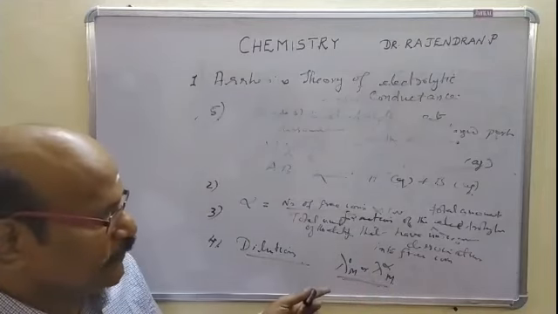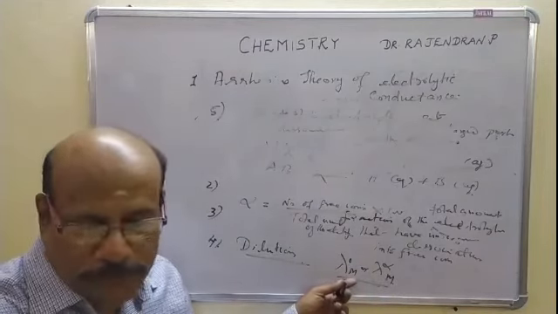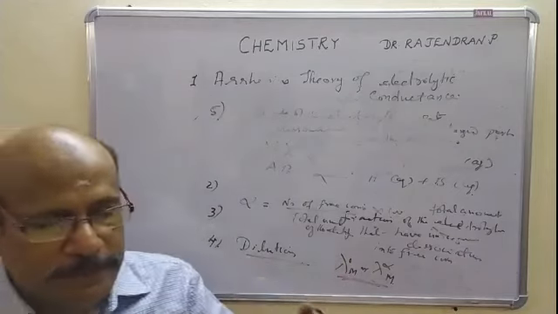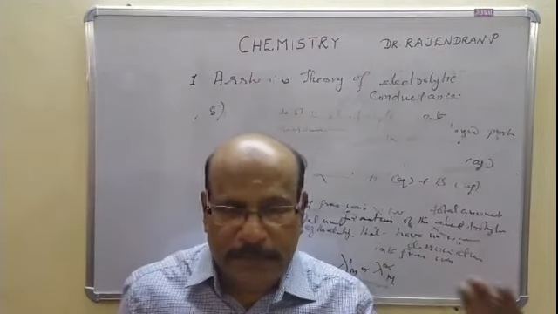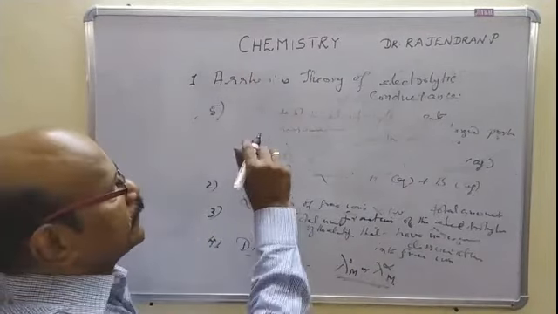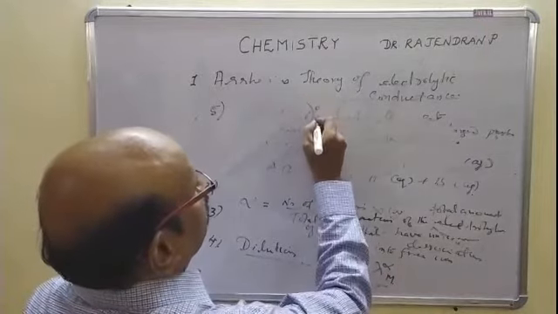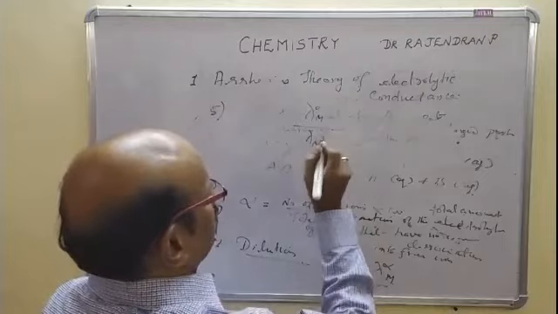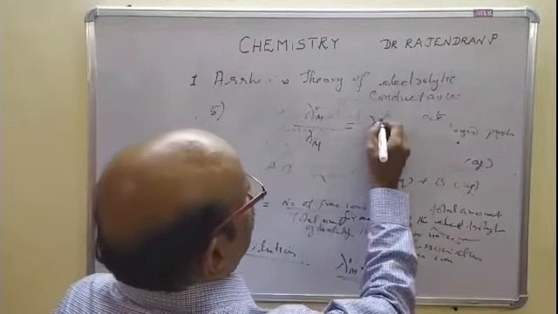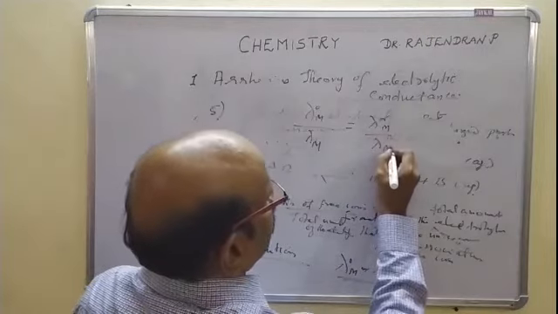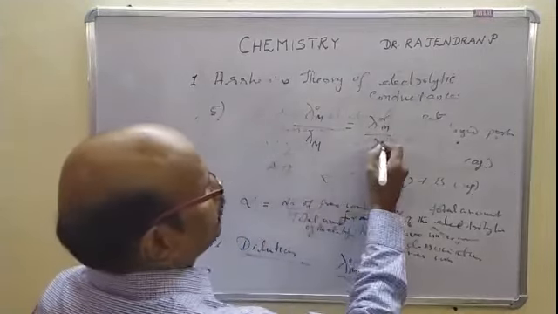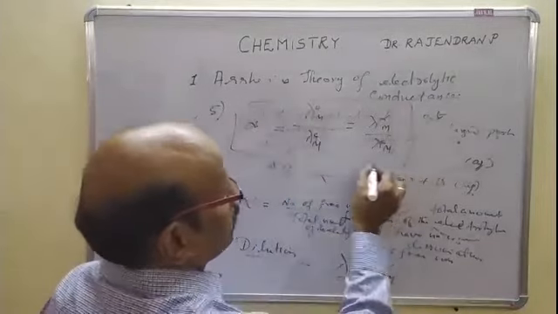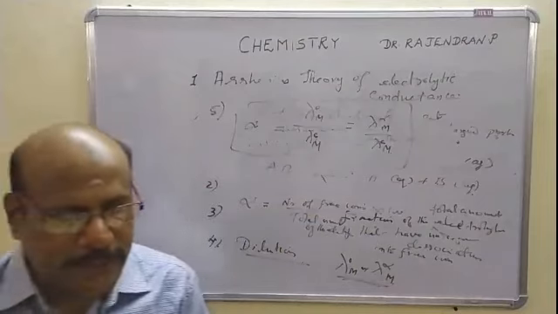If we know lambda 0 m, that is, the limiting conductance of the electrolyte at infinite dilution, and then know the conductance of the electrolyte at any other given concentration, then the ratio lambda m divided by lambda infinity m gives nothing but the degree of dissociation.